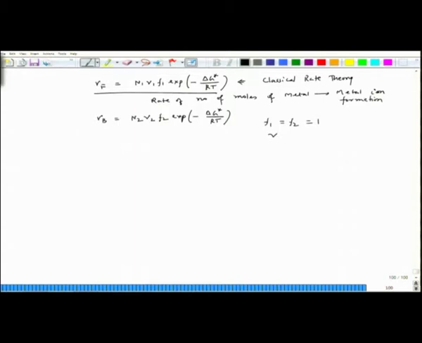Now, nu 1 equals nu 2, which is of the order of 10 to the power 13 per second, and N1 equals N2 equals N, the number of moles of metal atoms or metal ions converting.